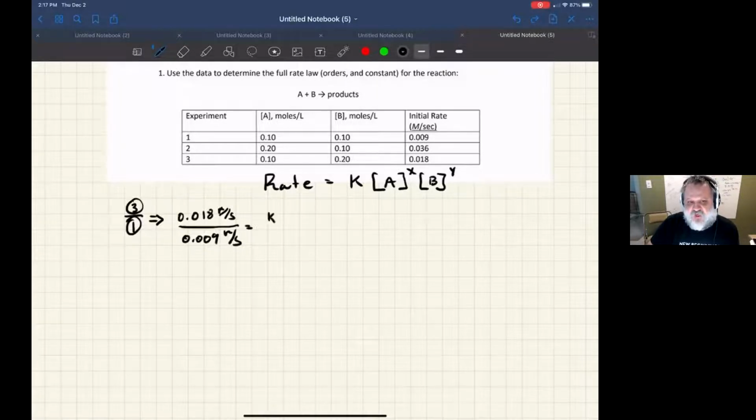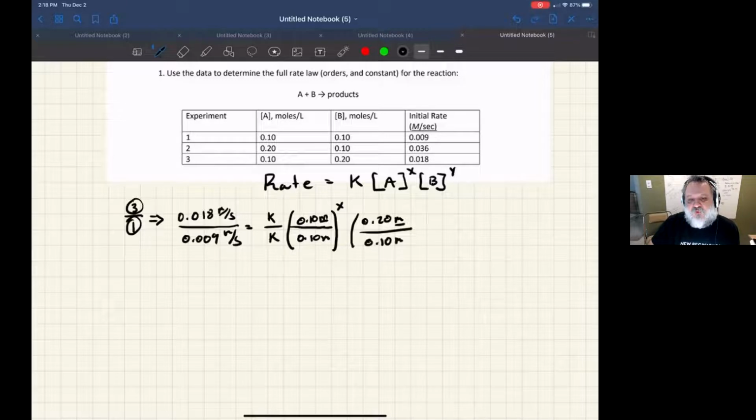So I would have k divided by k, and since it's a constant, it's going to be the same in both cases, times 0.1 molar for 3 with respect to A, over 0.1 molar for A in number 1, all raised to the x power. Then I do the same thing for B. In experiment 3, it was 0.2. In experiment 1, it was 0.1. And that's all raised to the y power.